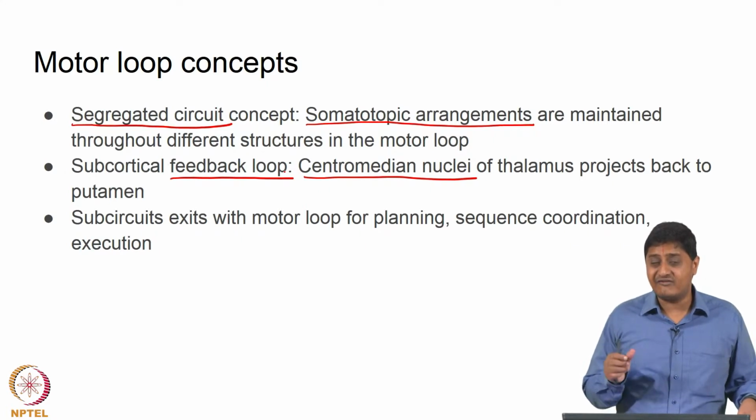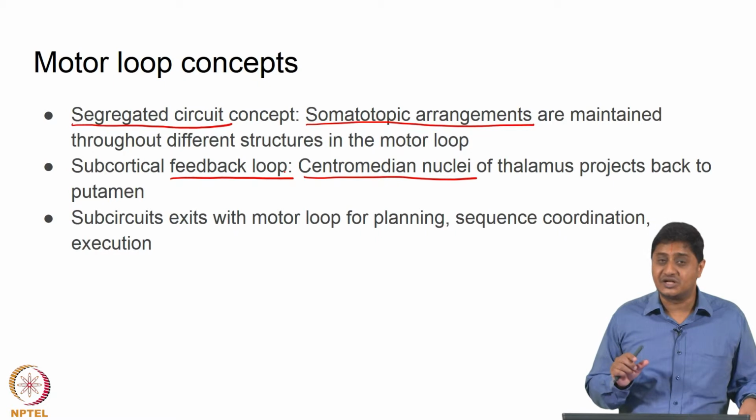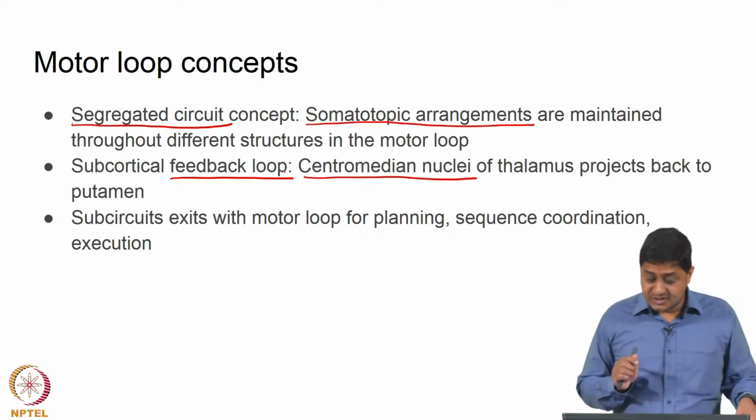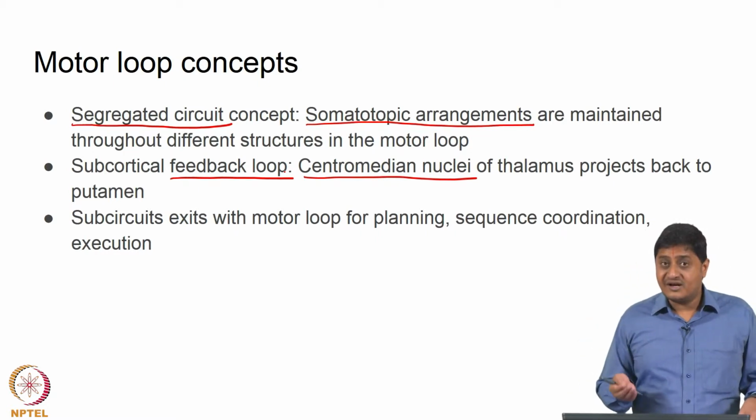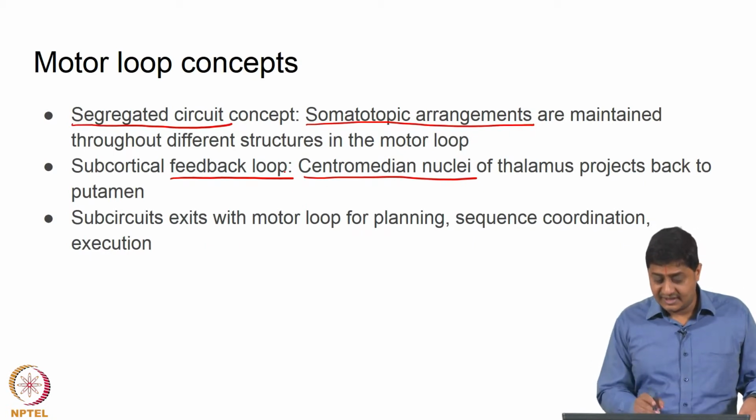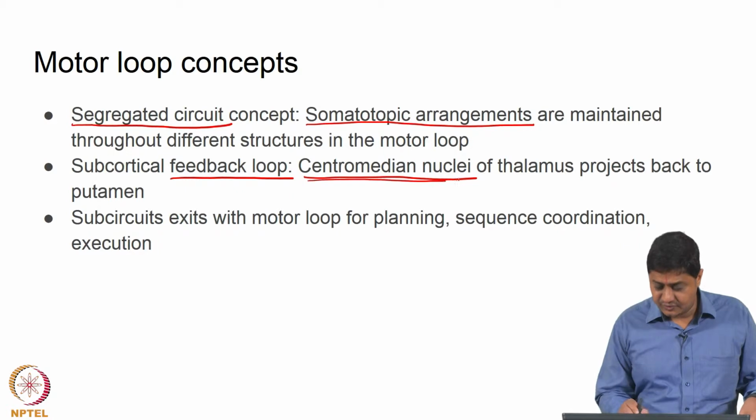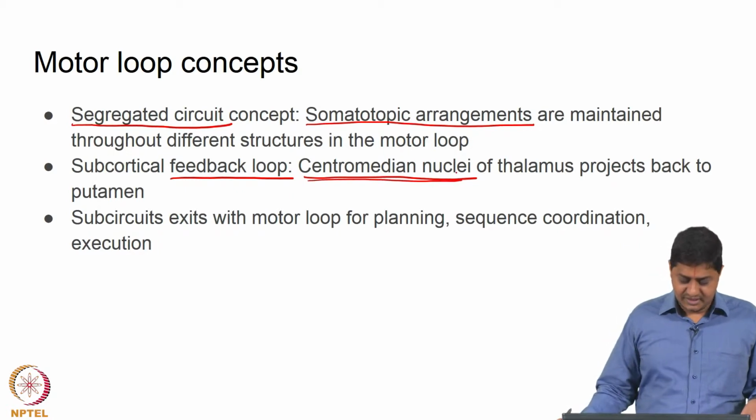That means they have an ability to finely modulate the output of the striatal medium spiny neurons. So, where does that thalamic input originate? In the centromedian nucleus of the thalamus.